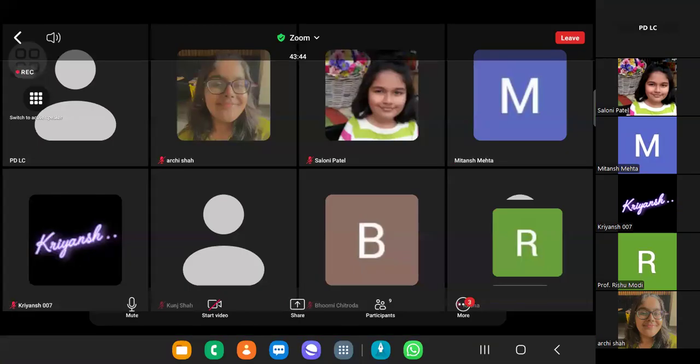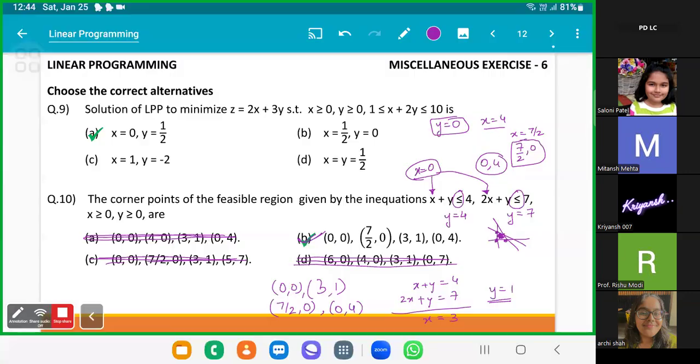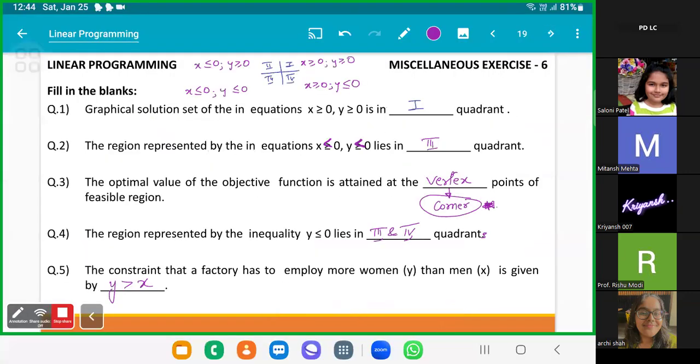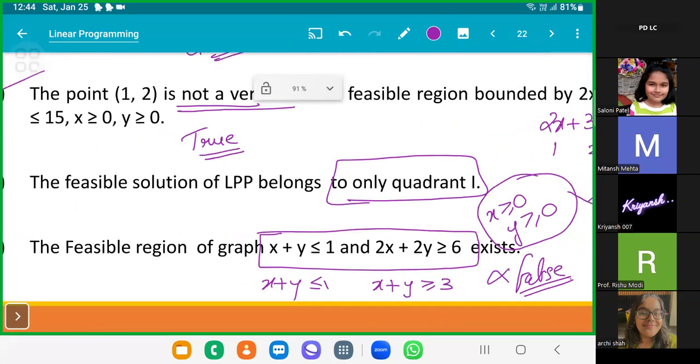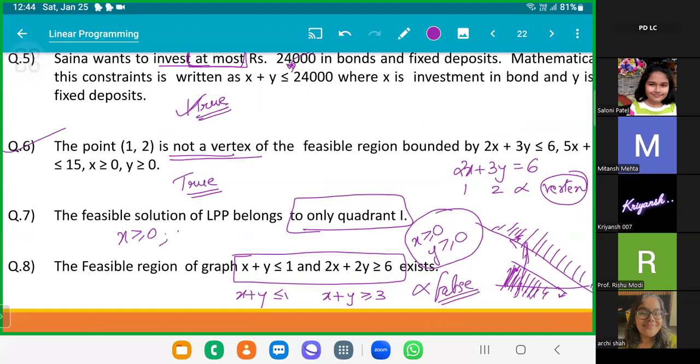I hope you are understanding this part. Had the question said that x is non-negative and y is non-negative, my answer would be something like this.